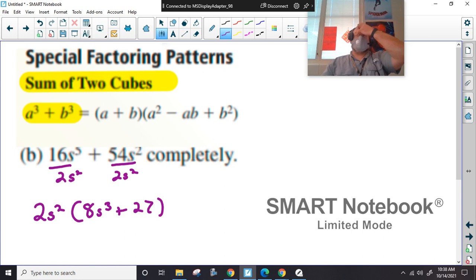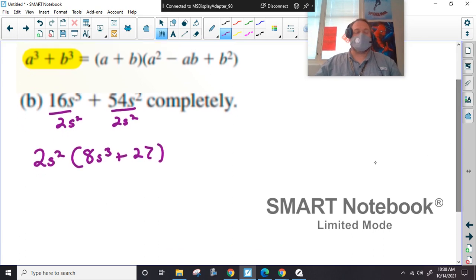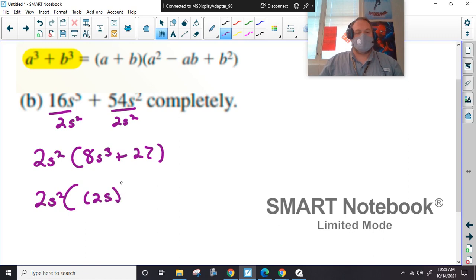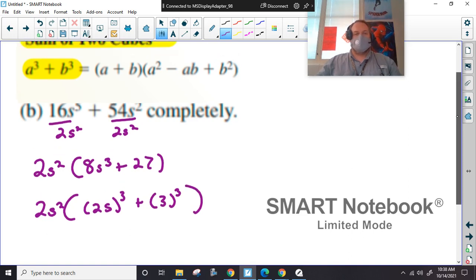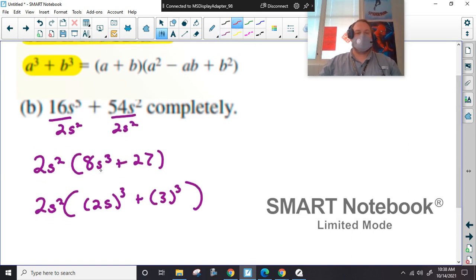The reason why is that we can rewrite 8s cubed as 2s to the third power, and we can rewrite 27 as 3 to the third power. So this would be my A. This would be my B.